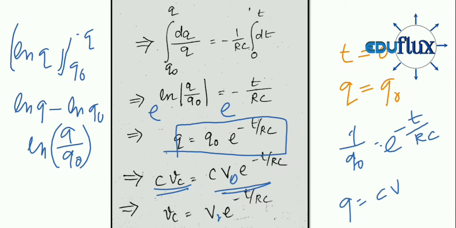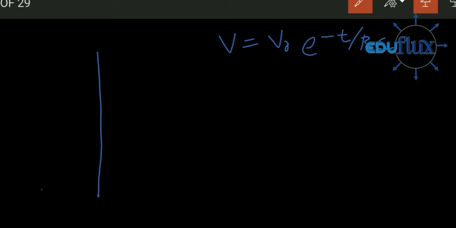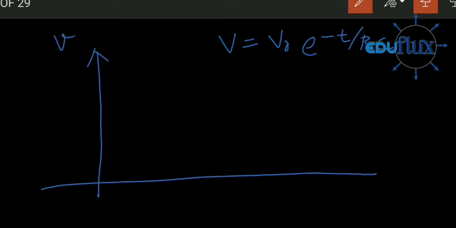Now if I try to plot the curve, how will it come? V is equal to V naught e to the power minus t by Rc, an e to the power minus x curve. This is V and this is t.